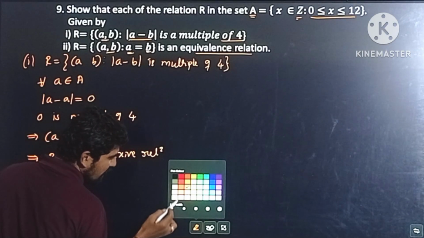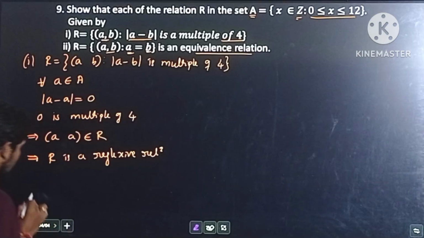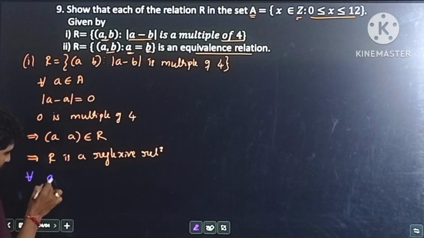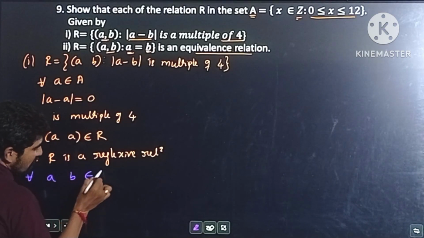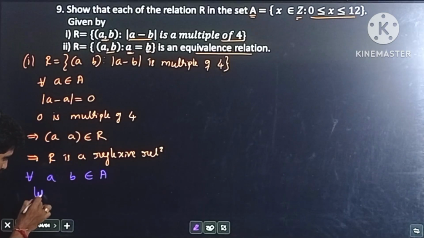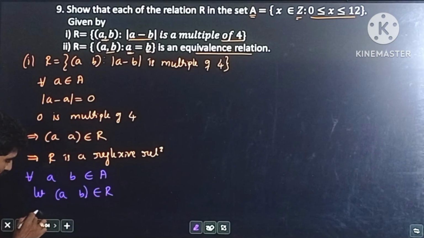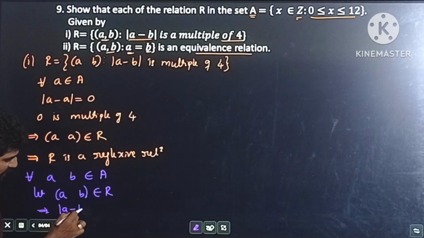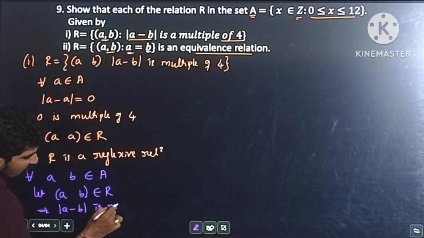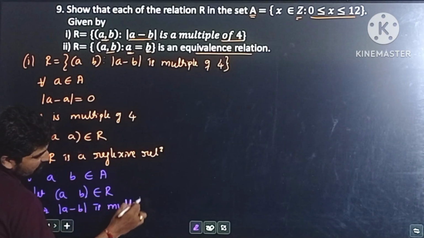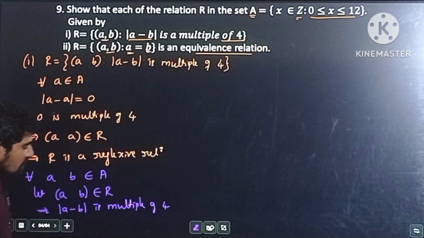Now for the symmetric relation, consider two numbers. For all A, B belonging to the defined set A, let the pair AB belong to R. So when AB belongs to R, definitely modulus of A minus B is a multiple of 4. Now we need to check whether BA belongs to R or not.